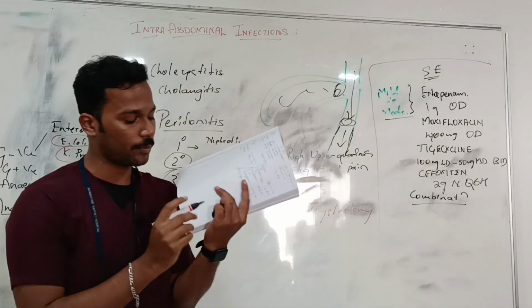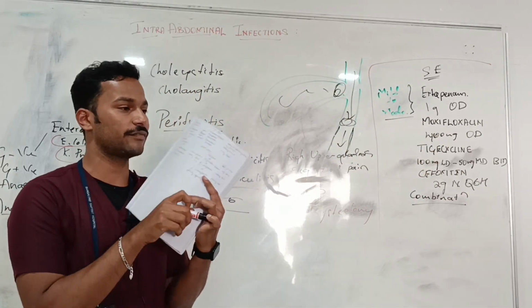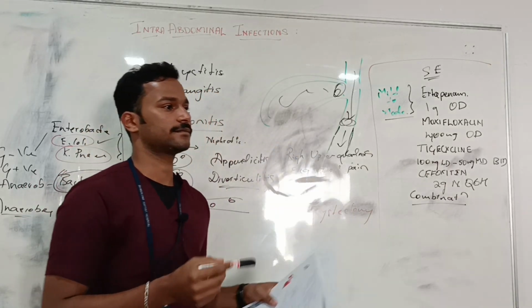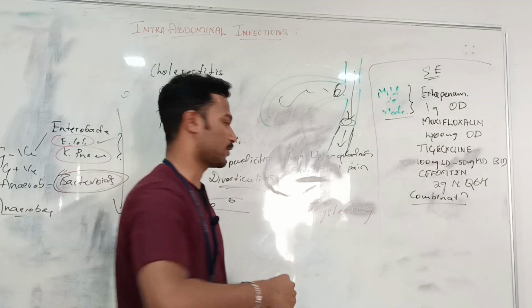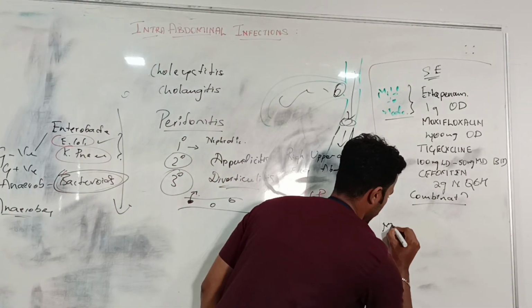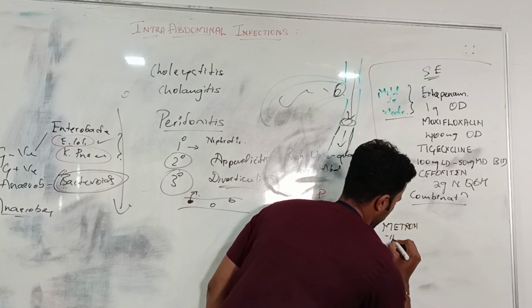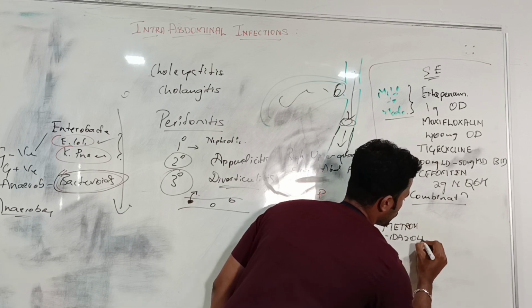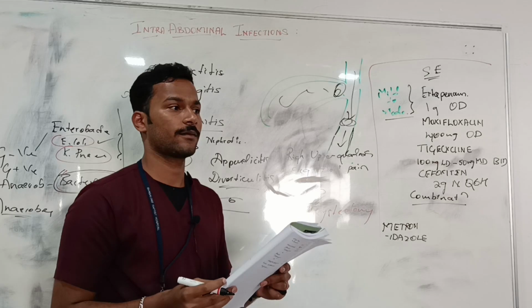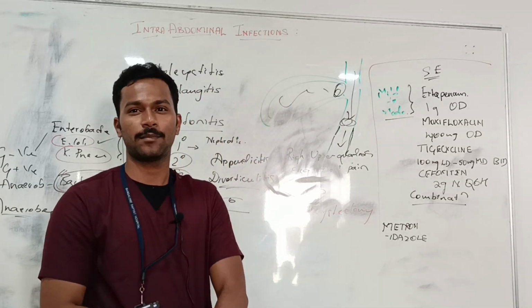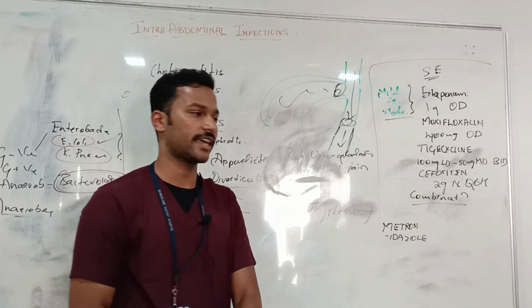So for intra-abdominal infection, which combination have we seen in this hospital? Metronidazole. Okay. What is the dose of metronidazole? 400 is tablet, I guess, right? 500 mg is IV.